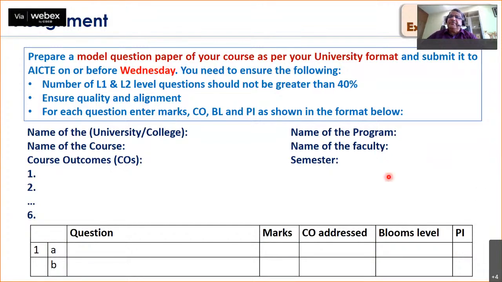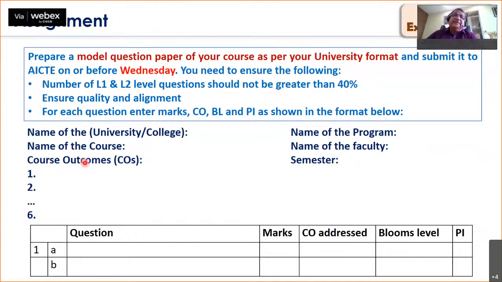Okay, PI code. See, at the top of your model question paper, which you are going to submit, type the name of the university or college, the name of the program, whether civil engineering or mechanical engineering, the name of the course, whether thermodynamics, signals and systems, machine design one, whatever subject it is, the name of the faculty, your own name, and for which semester you are setting that question paper.